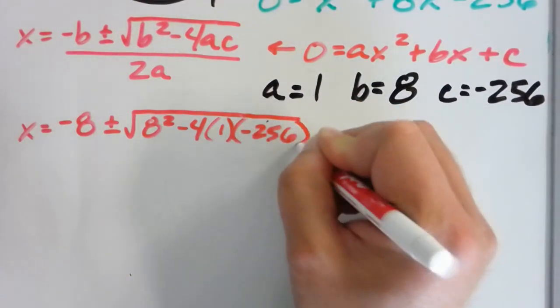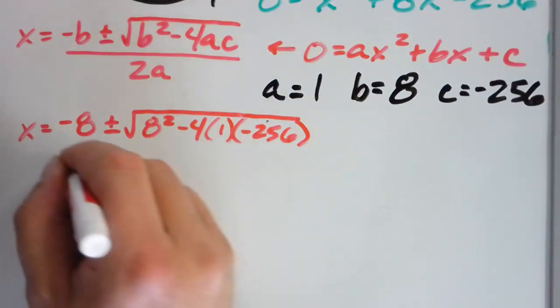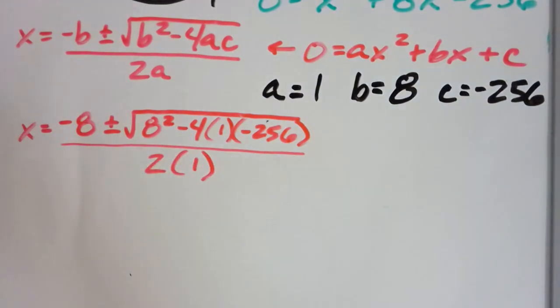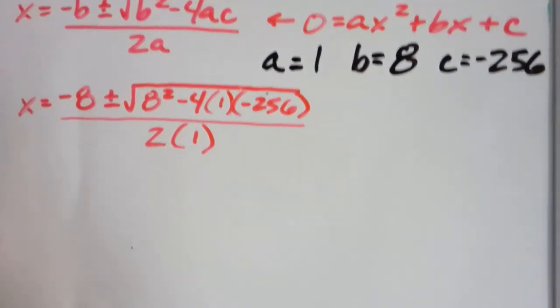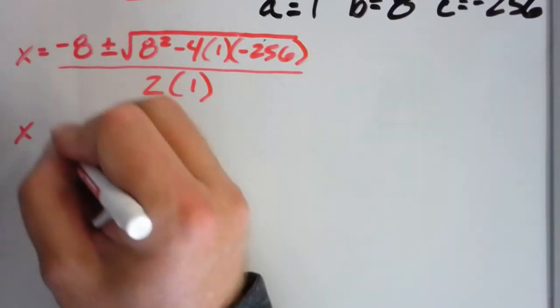That's going to make things a little messy here because I'm going to get a negative times a negative. Keep that in mind. All this over 2 times a, and a here is 1. That's just plugging the numbers in. So this is just kind of the method I take here. Now I just do this in little chunks. Don't try to do it all at once.